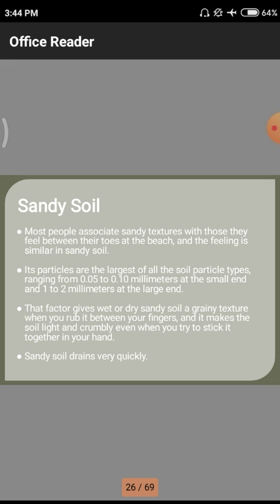Next is the factor that gives wet or dry sandy soils a gritty texture when we rub it between two fingers, and it makes the soil light and crumbly even when you try to stick it together in your hand.